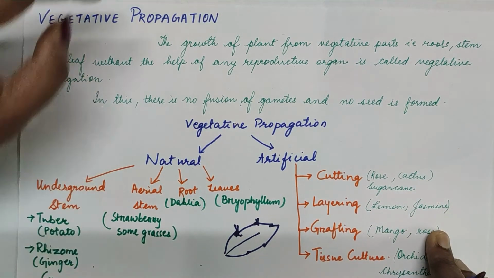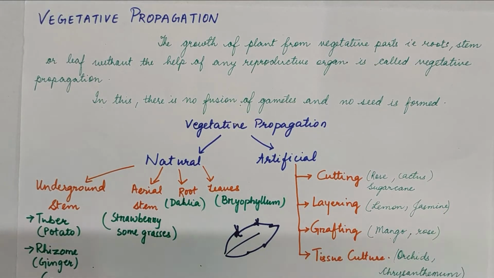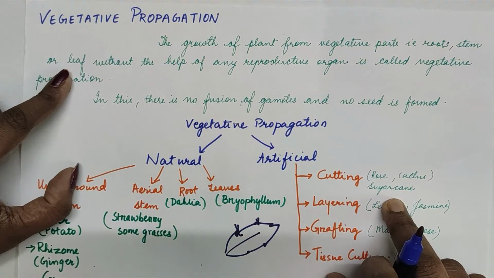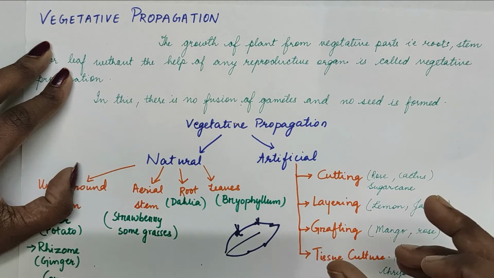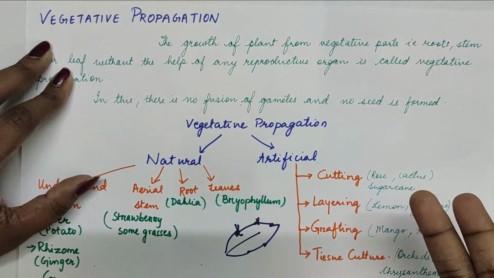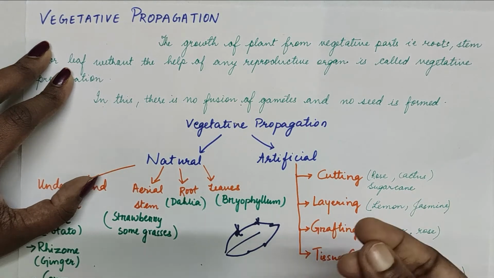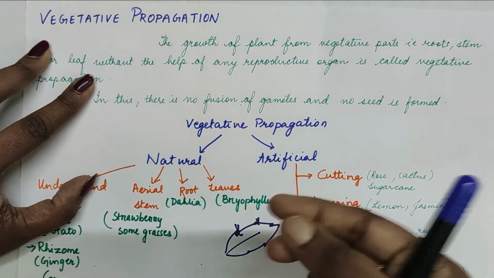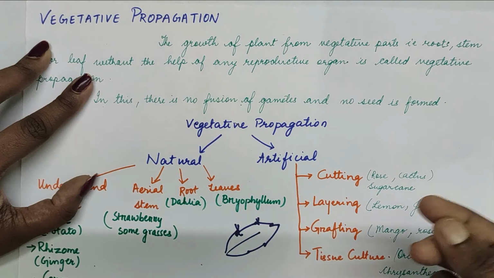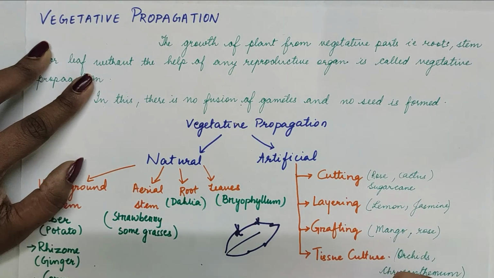Then come the artificial methods of vegetative propagation, where the first one is cutting. In cutting, you might have generally seen in rose plants that we cut them and propagate them. So that's simply cutting a healthy plant and putting it in moist soil, and over time it will grow roots itself.